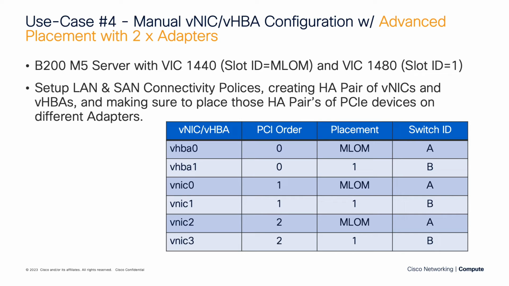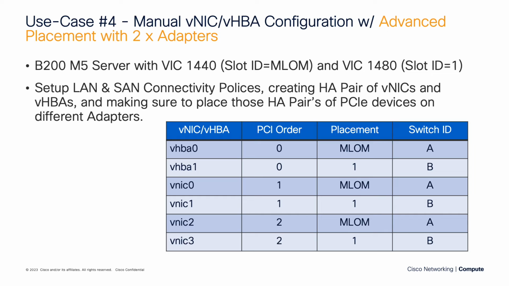Notice that for VHBA 0 and VHBA 1, we're using PCI order 0 for both, because we have a PCI order on the MLOM, but we also have a PCI order on the slot 1 VIC 1480.